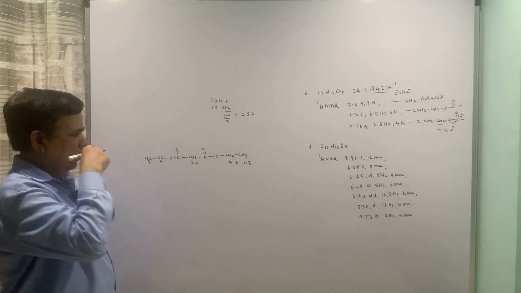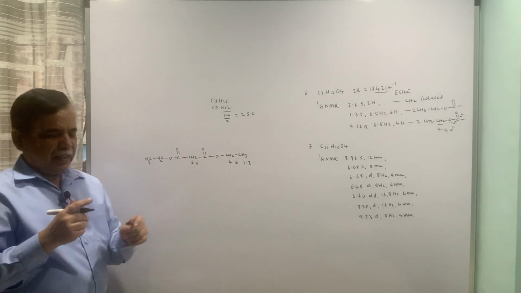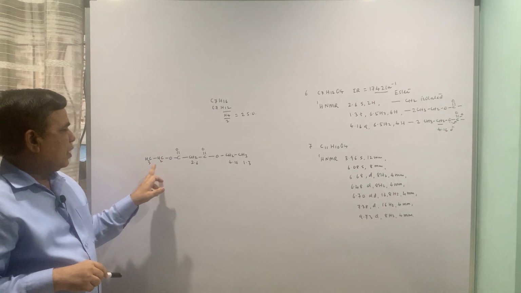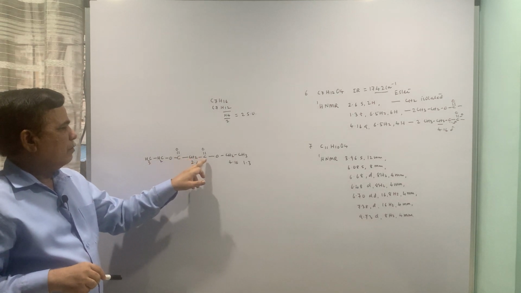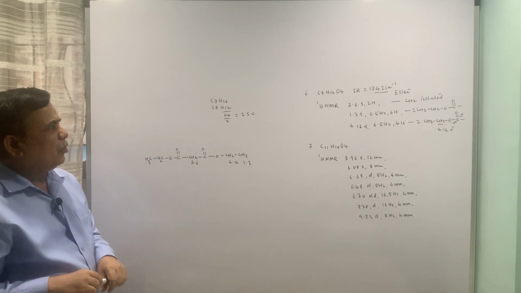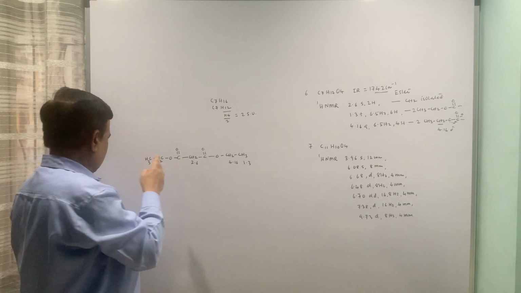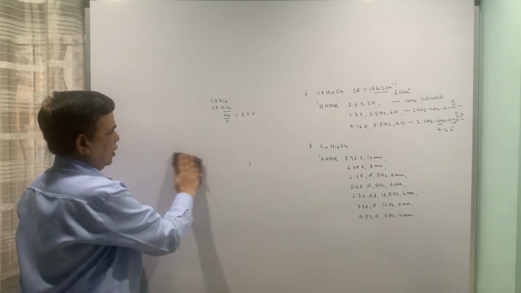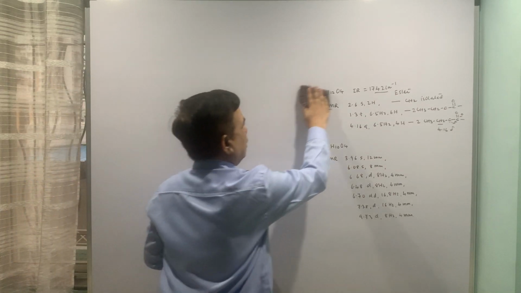Of course, it is a symmetrical molecule, so this part is also going to be the same. So this is the overall picture: 1, 2, 3, 4, 5, 6 and 7 carbons. 4 oxygens are also accommodated, and 1742, the ester carbonyl, is also justified. So this is the structure of the molecule.